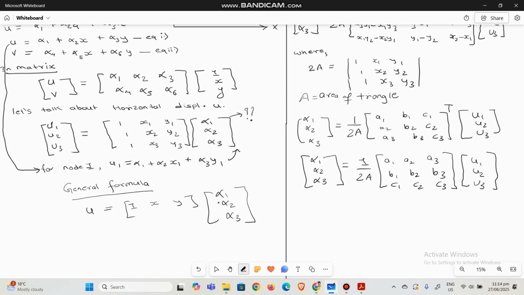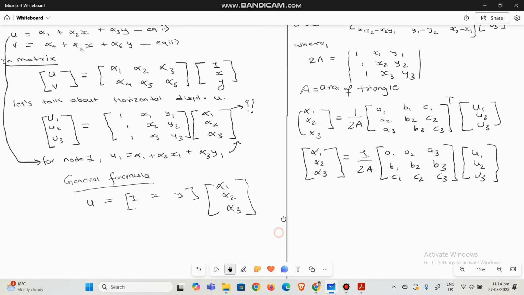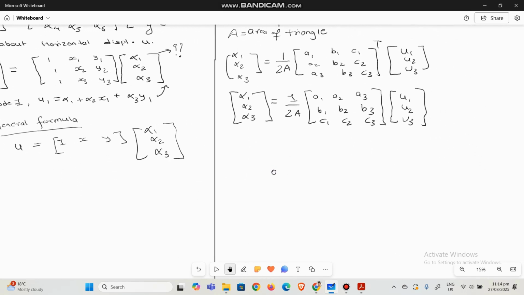This is the general formula. It is just this equation written in matrix form, but now we have alpha 1, alpha 2, and alpha 3, so we are going to substitute like we did in previous sessions as well.